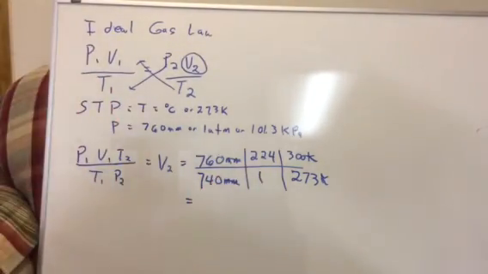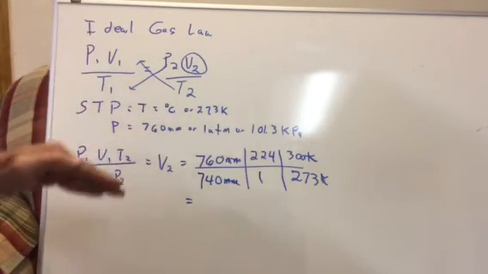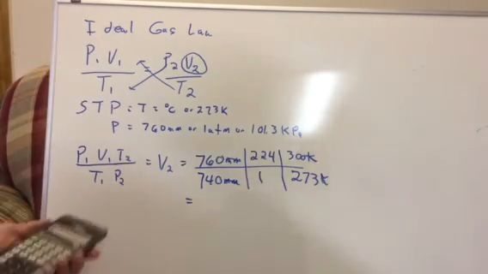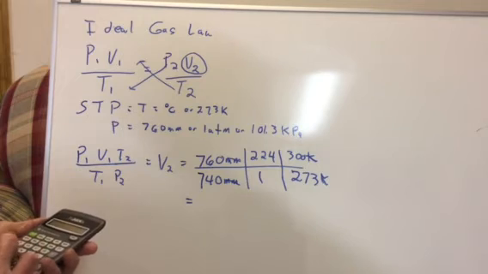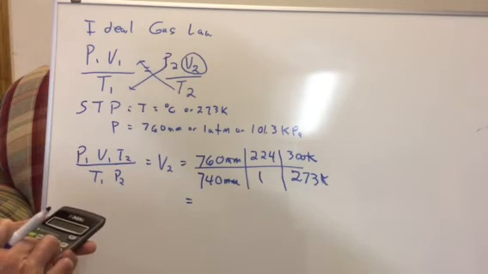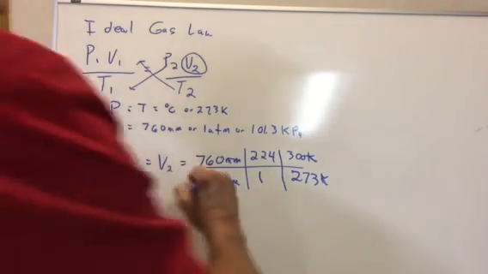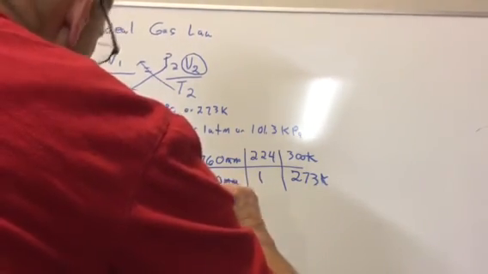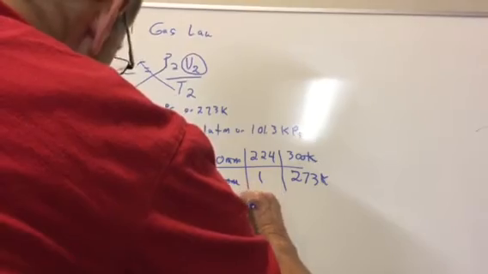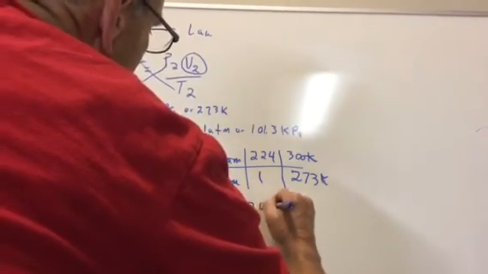Okay, now it's time to do the mathematics. Now, I know a lot of you like to multiply the numerator and then the denominator and then do it. Let's try that. So we get 760 times 224 times 300. I get a very large number, 5107200.